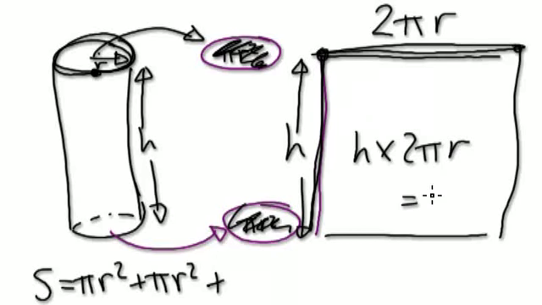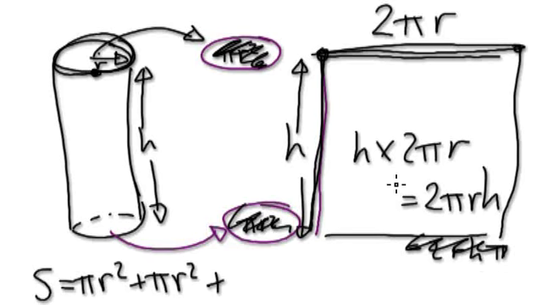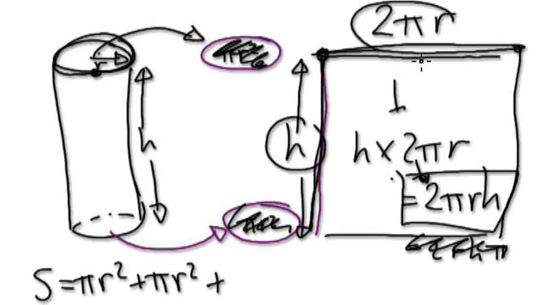We always prefer the number in front, so it becomes 2 pi r h, or you can have 2 r h pi if you really wanted to, but the important thing is the number has to be in front. So this sheet of paper is 2 pi rh.